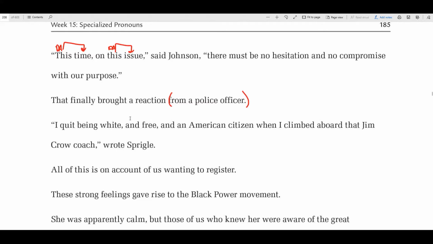Okay, finally tells when, so this is an adverb. So that must be the subject, which would make it a demonstrative pronoun, DP, I'm sorry. Because it's the subject, and that's what your demonstrative pronouns are going to be, subjects or objects. Okay?